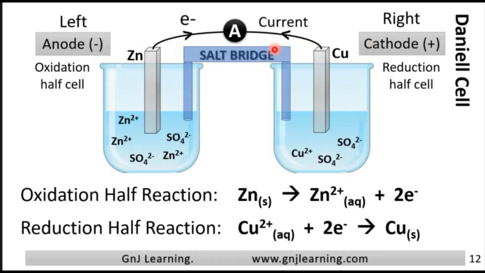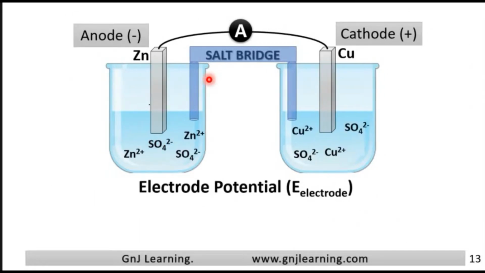That means each individual half cell has a potential, and that potential is called electrode potential. The cathodic half cell and anodic half cell have different potentials, and these individual potentials are called electrode potentials, represented as E electrode.